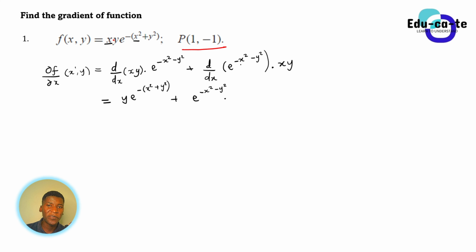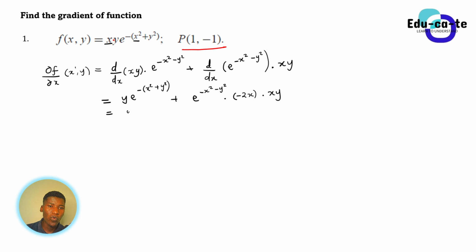Then you multiply by the derivative of the exponent. In this case, the exponent is negative x squared minus y squared, and differentiating this in terms of x, you get negative 2x. y will just become a constant and cancel out. And then this is times xy. So this is the partial derivative in terms of x.